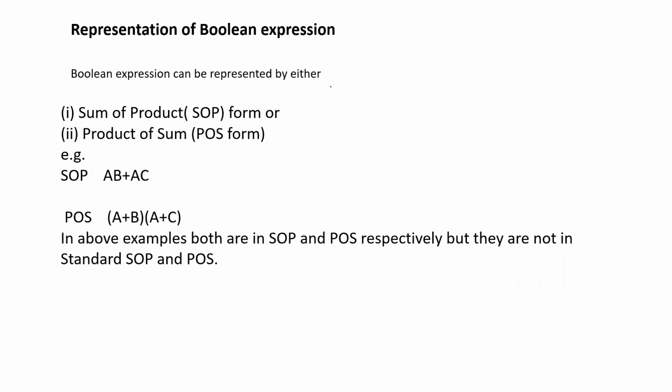So now, when we talk about your Boolean expression, it can be represented in two different forms. One of them is called sum of products, the other is called product of sums.